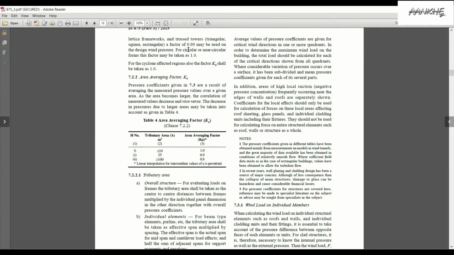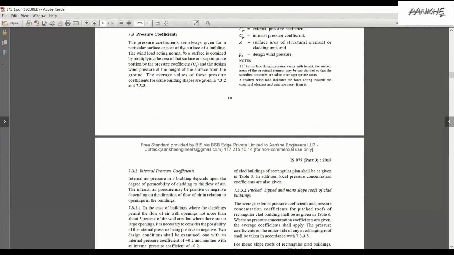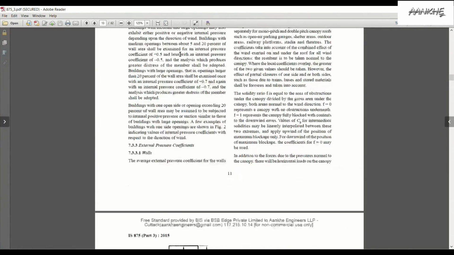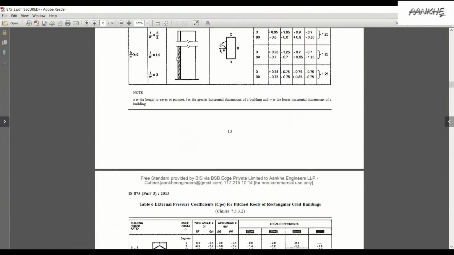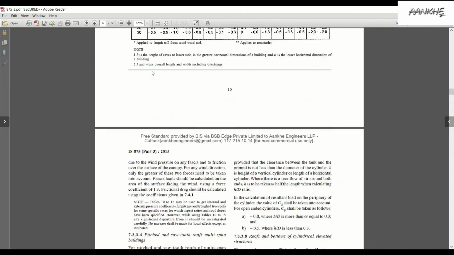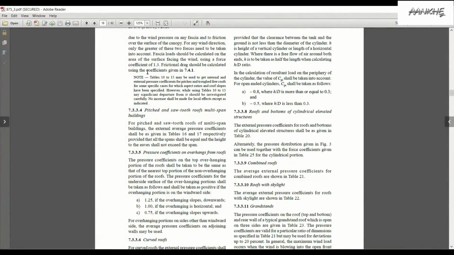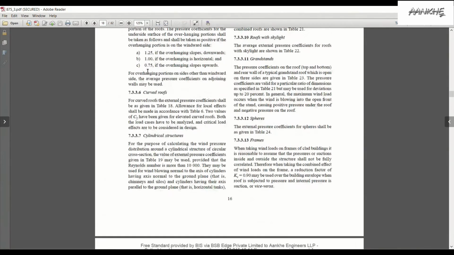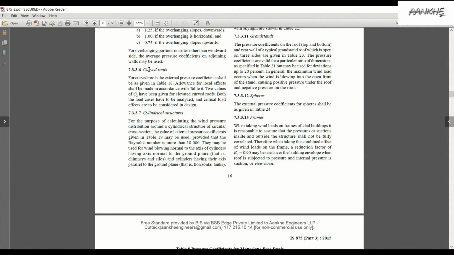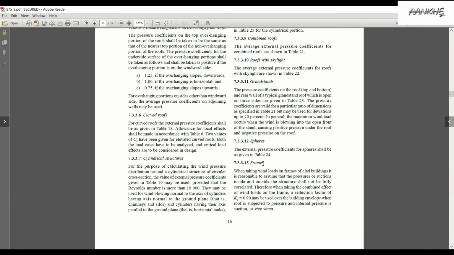Then comes your Kc. It says Kc for frame structure we find Kc as 0.9.